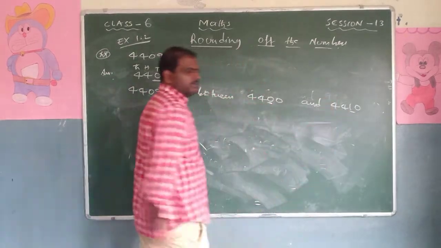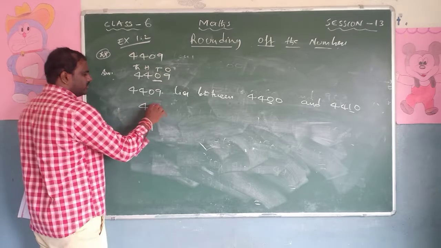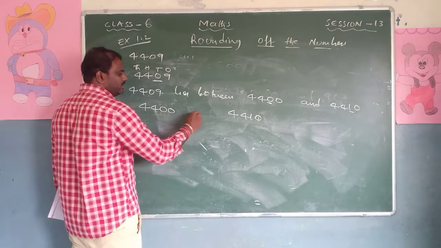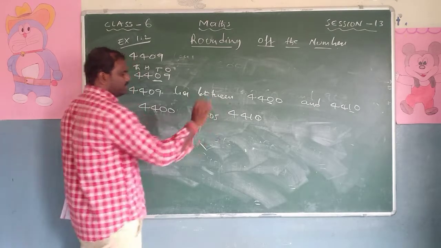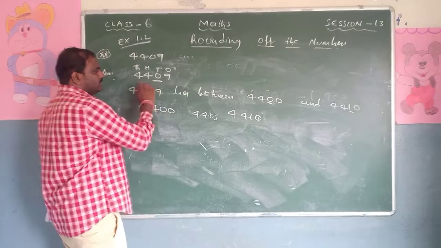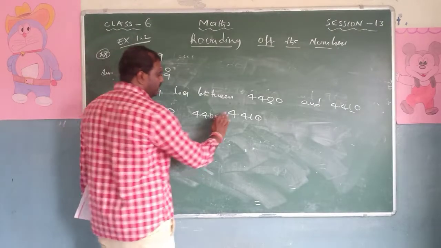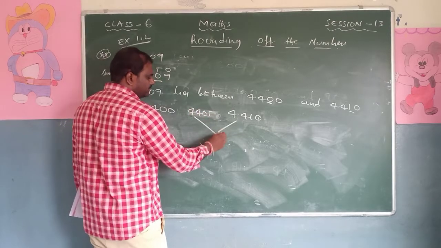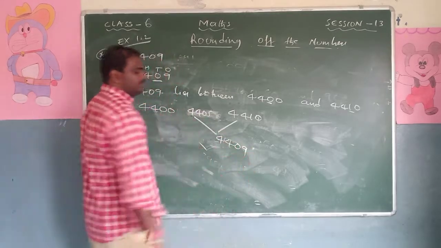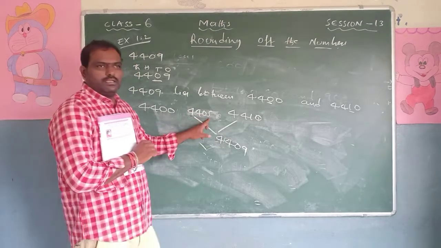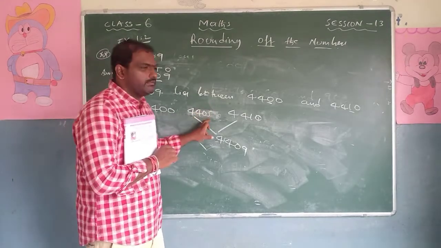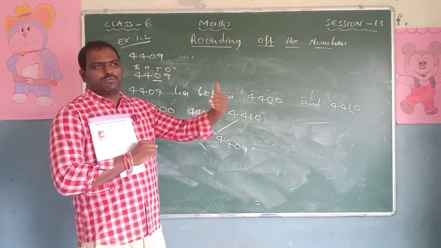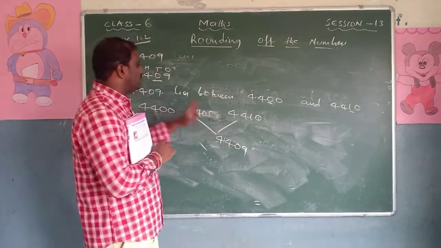1. I have written the 1. Next, what should I write? 4400, 4410. What is the middle number? 4405. Right? Now 4409 lies between which numbers, you know? Yes, it lies between these two numbers. 4405, 4406, 4407, 4408, 4409.